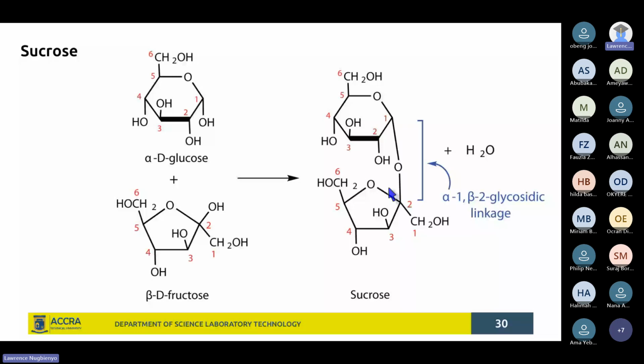And so the glucose molecule's carbon number 4 is its non-reducing end. Similarly, carbon number 5 here is also the non-reducing end of the sucrose molecule. But of course, we are not going into reducing and non-reducing sugars, just to mention it.